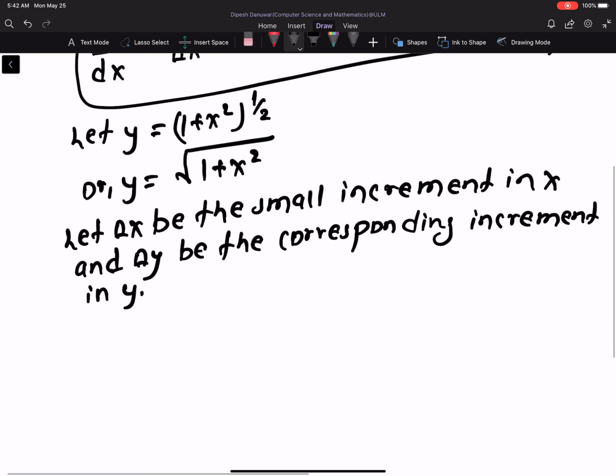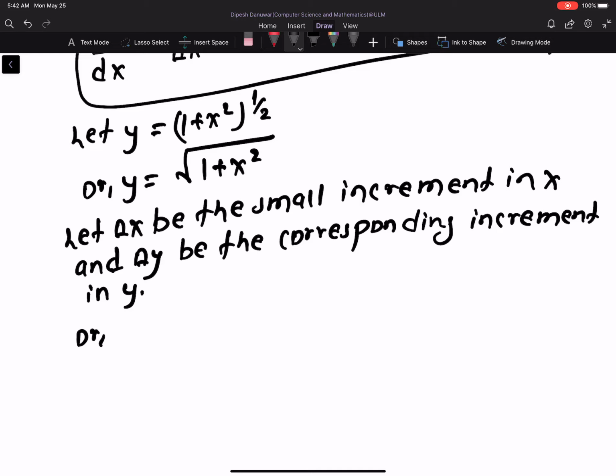Now you will get y plus delta y is equal to root under 1 plus, now x will be replaced with x plus delta x, and y is replaced with y plus delta y.